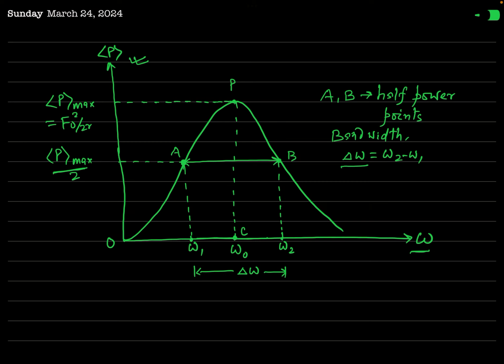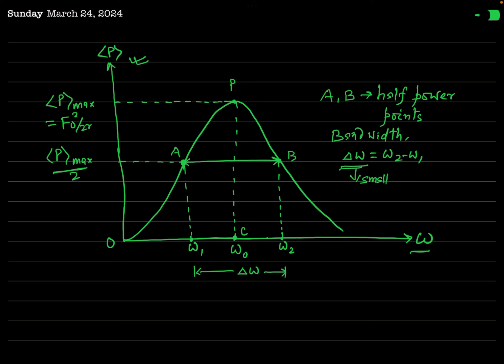So how can we discuss sharpness? It is easy to see. If this bandwidth is small, then whenever the frequency of the applied force is slightly deviated from this omega naught, there will be a large fall in the power extraction and the resonance will be sharper.